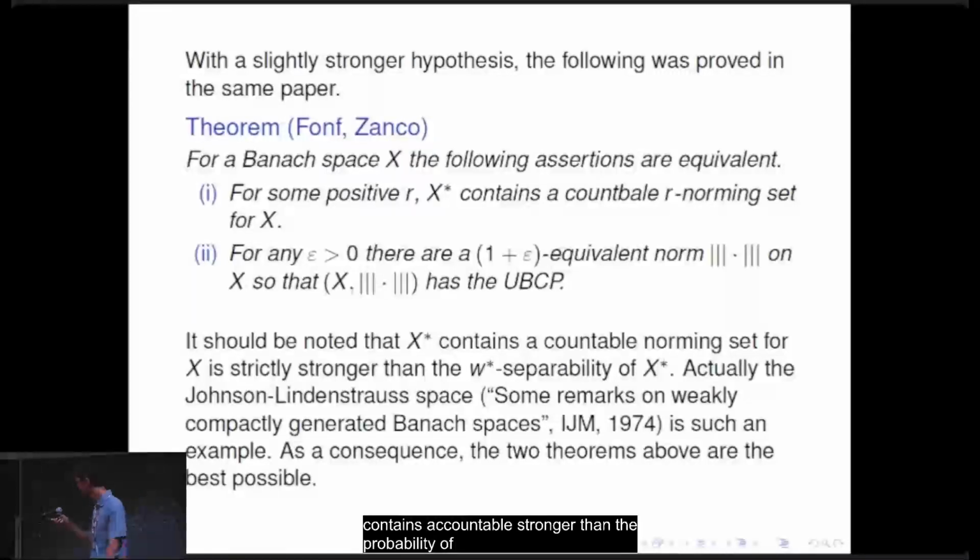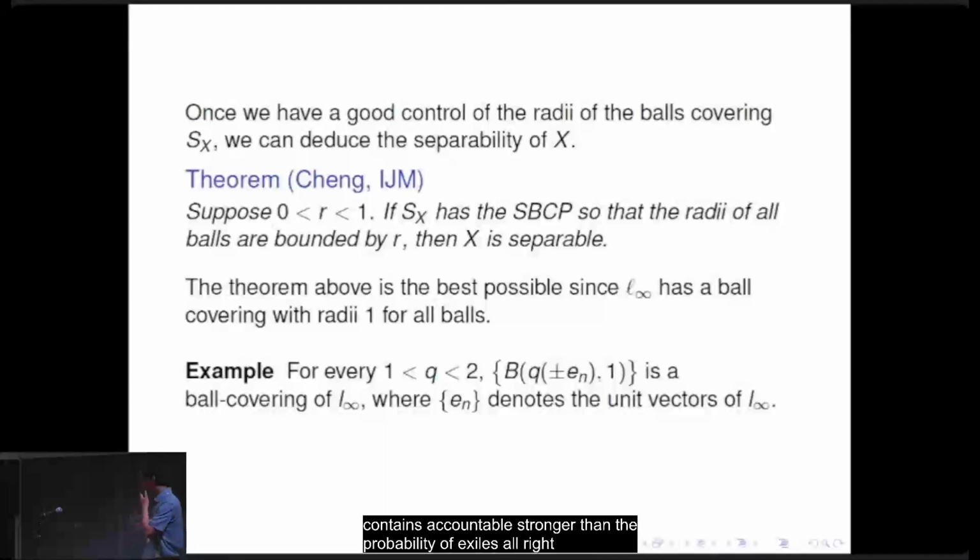All right, but if the Banach space has the strong Ball covering property with a very good control, that is, if the supremum of the radii of the covering balls is strictly less than 1, then this forces the space to be separable, okay?